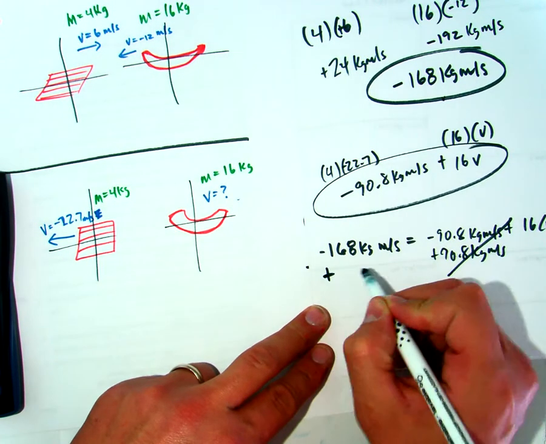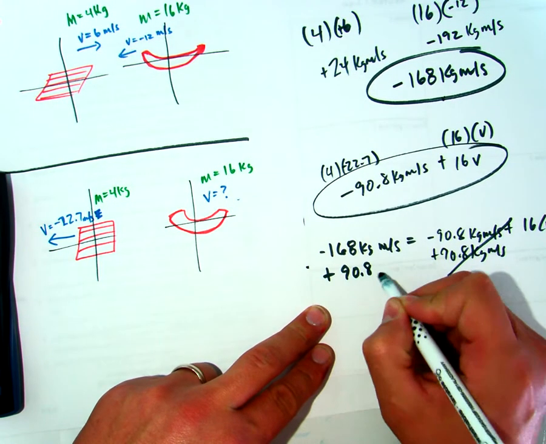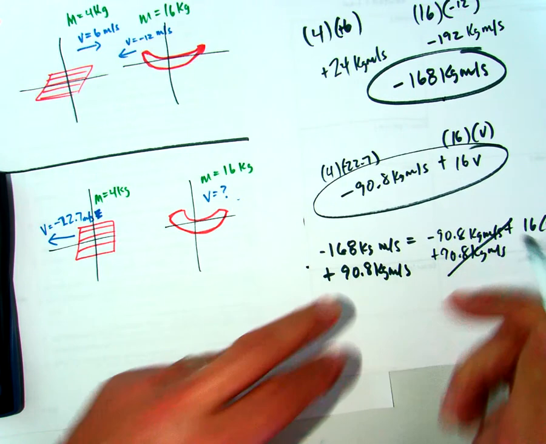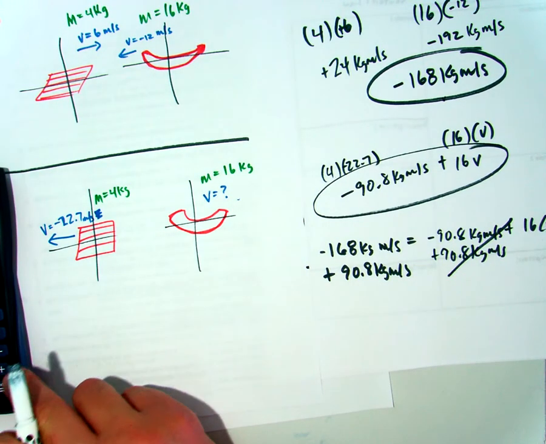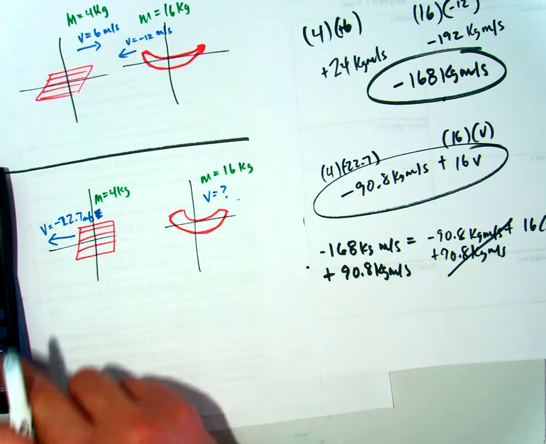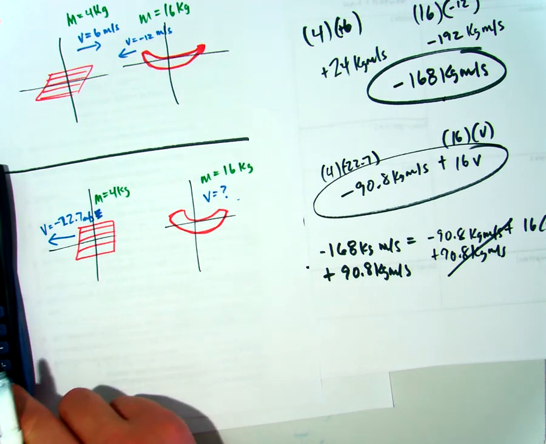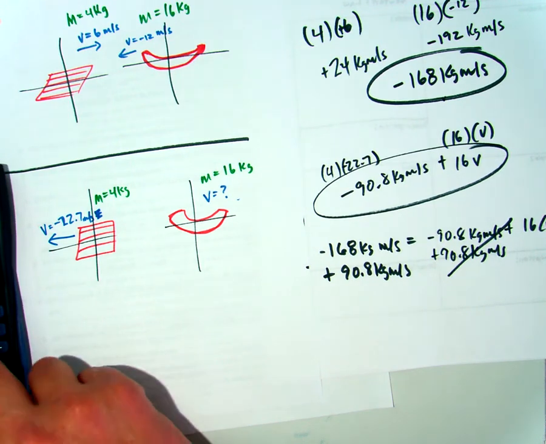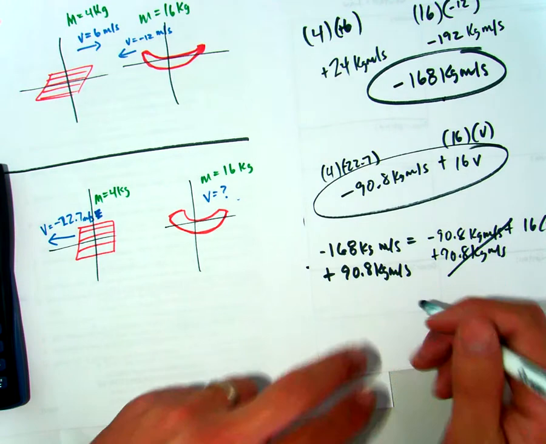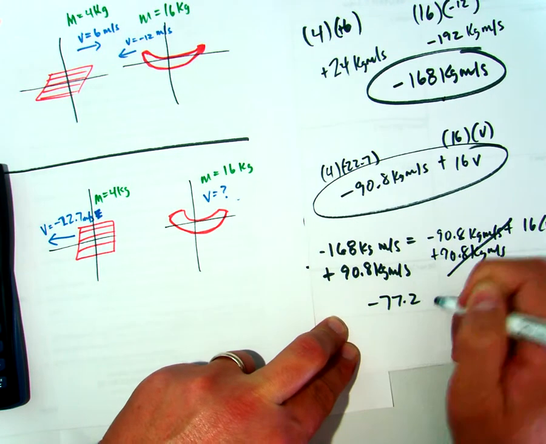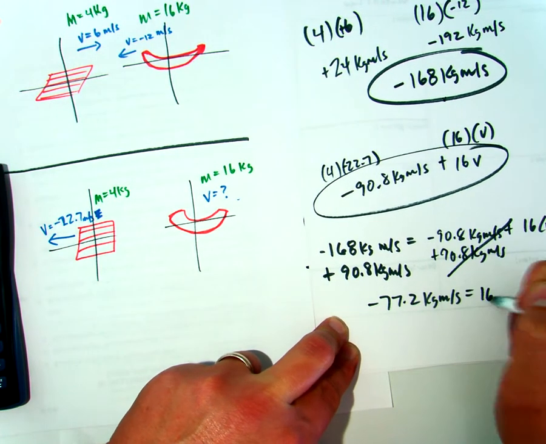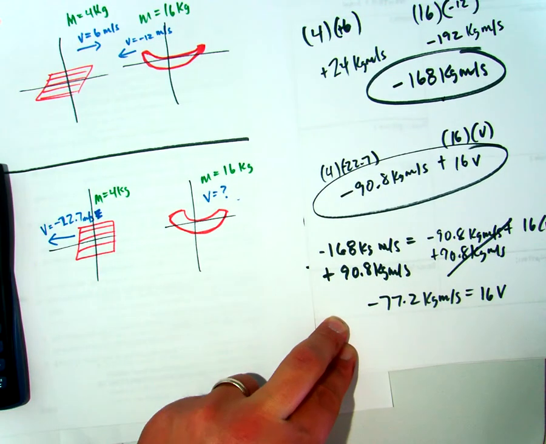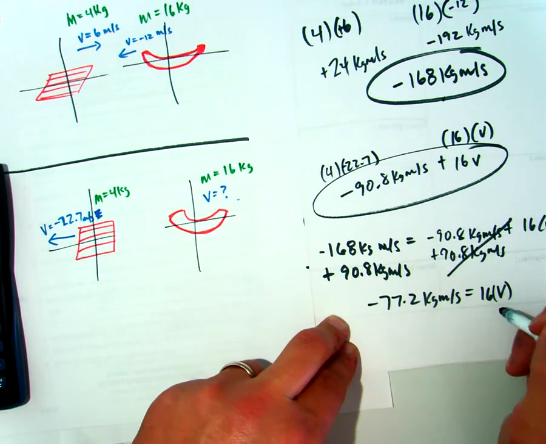So I'm going to add 90.8 kilogram meters per second. So negative 168 plus 90.8 gives you negative 77.2 kilogram meters per second, and that's equal to 16v. 16 times some velocity.